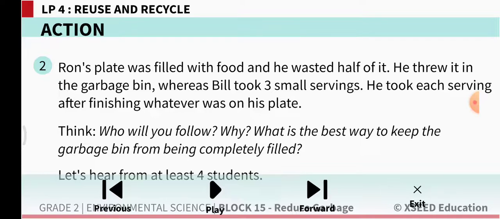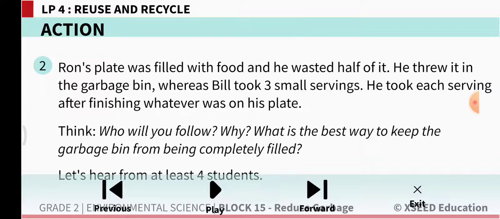So Ron's plate was full of food and he wasted half of it. He threw it in the garbage bin, whereas Bill took three small servings. Only after finishing a small serving did he go for the next serving.